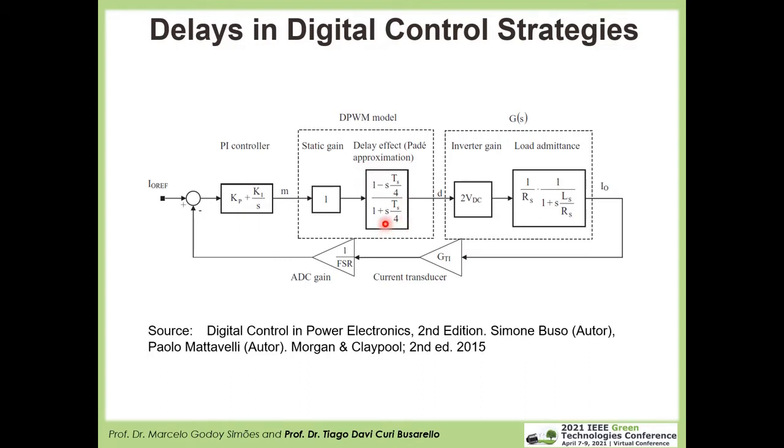In this case, the delay effect is modeled by the PWM approximation, which is one of the most used approximation transfer functions to model PWM delay. You may find other approximations, but this is a good one. It also depends on the sampling that you are using. If you are using double PWM update or single, it depends also on other aspects.